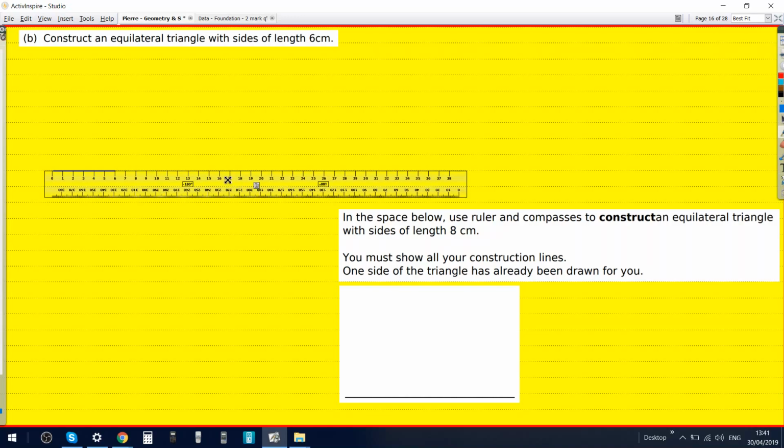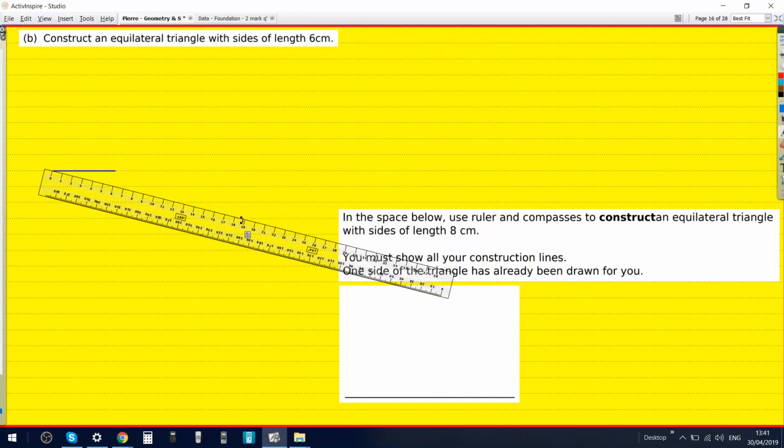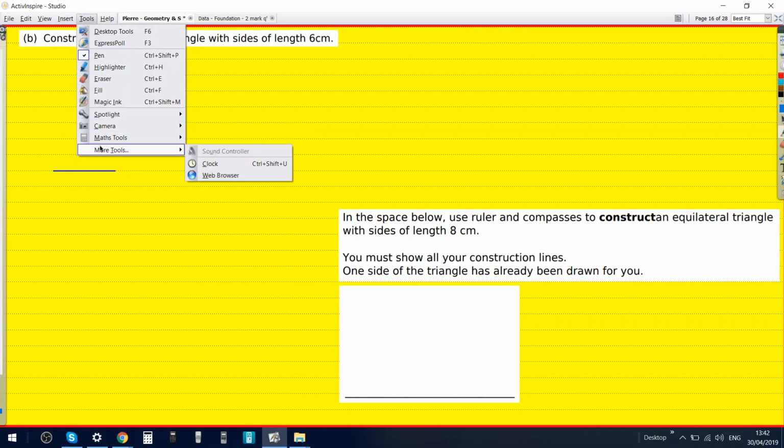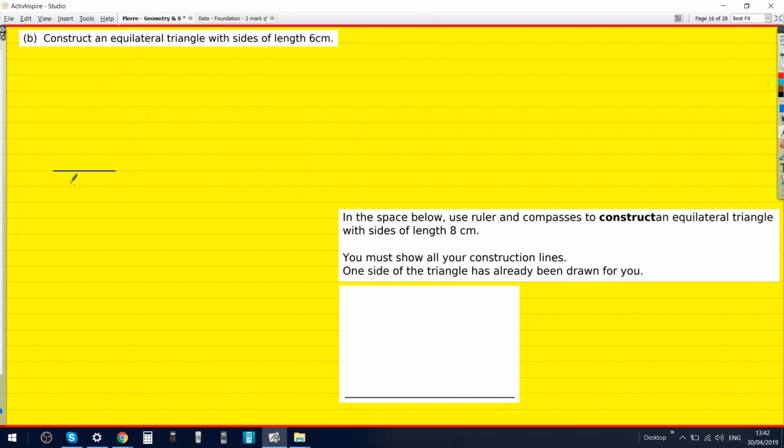There's a special way to do 6 centimeters. The way you would do it is you take your pair of compasses, and you set it to 6 centimeters. So you put your point here and you do an arc like that. All those are 6 centimeters distance.